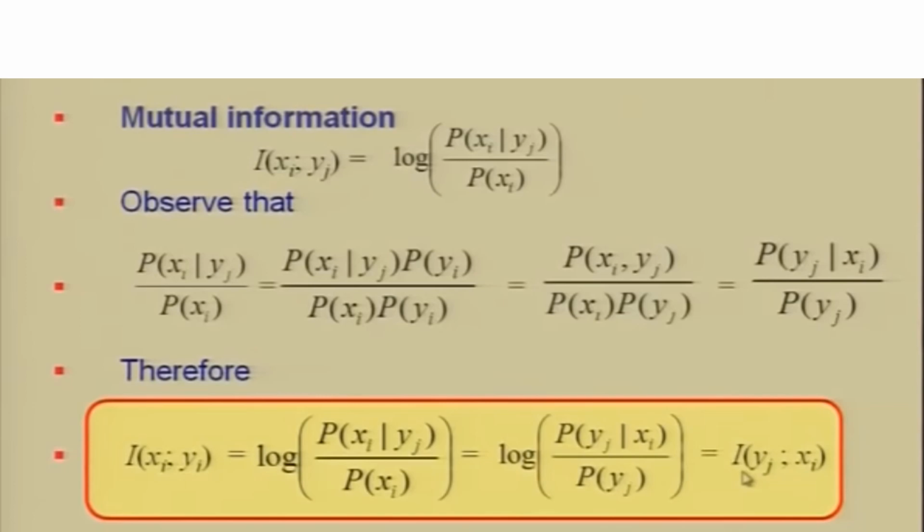The numerator becomes the joint probability, probability of xi comma yj, divided by probability of xi times probability of yj. Again, this can be represented by probability of yj given xi divided by probability of yj. If we compare these two expressions, we can say that mutual information is symmetric in nature. That is, I of xi comma yj is equal to I of yj comma xi.